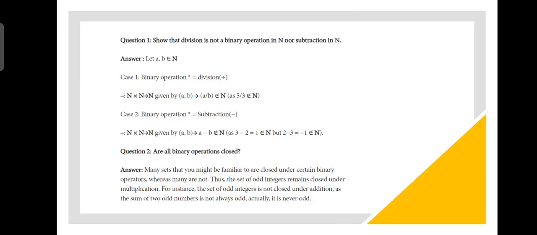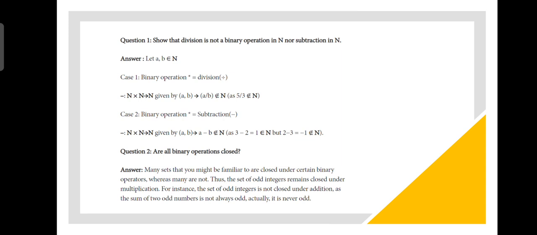Next, some questions on the topic that we have done today. The first question: whether division is a binary operation on natural numbers, or whether subtraction is a binary operation on natural numbers. If we take division in the set of natural numbers, then we obviously know that if we divide two natural numbers, then the resultant will not always be a natural number.